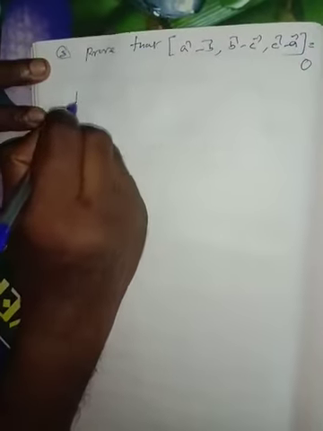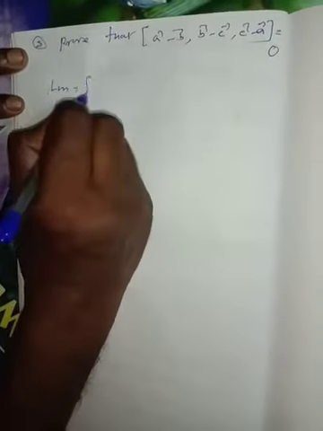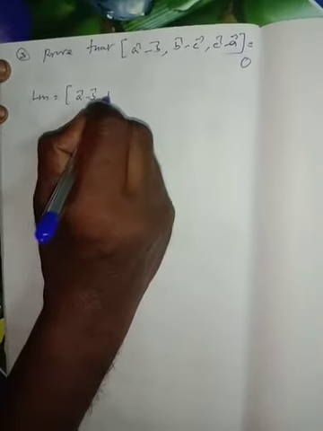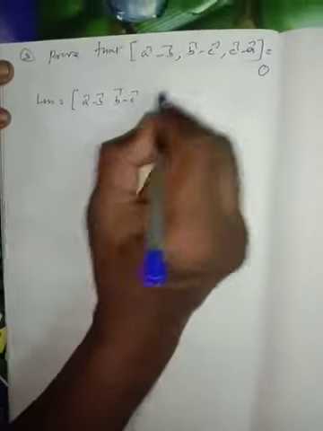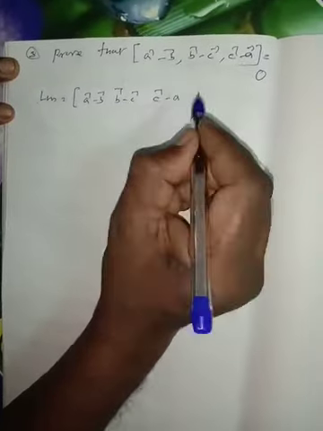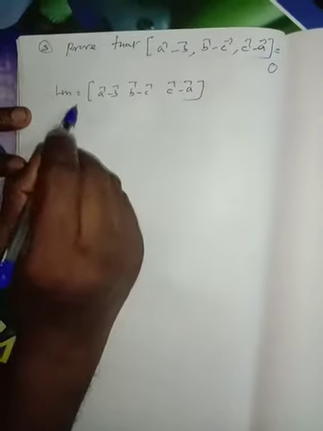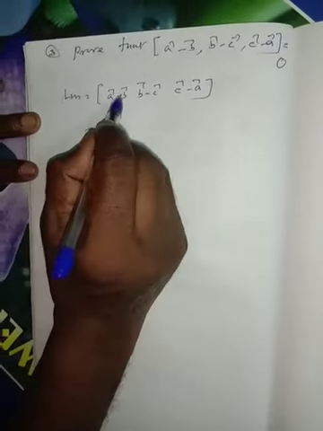LHS is equal to the box product of a vector minus b vector, b vector minus c vector, c vector minus a vector. Box product can be written in the form of (a minus b vector) dot the other two vectors cross.